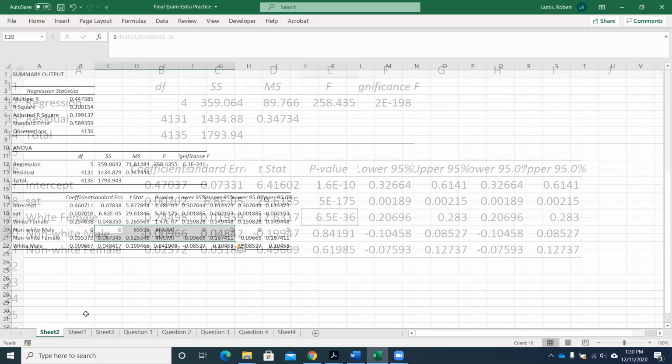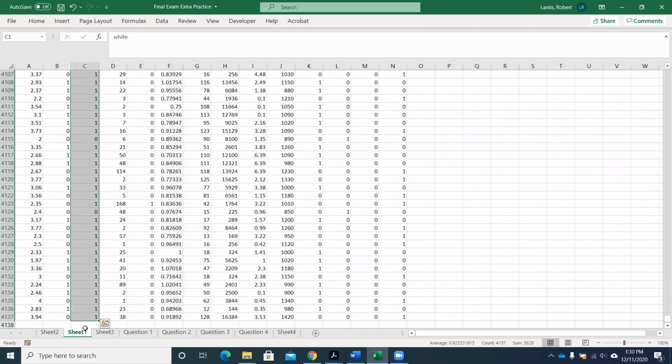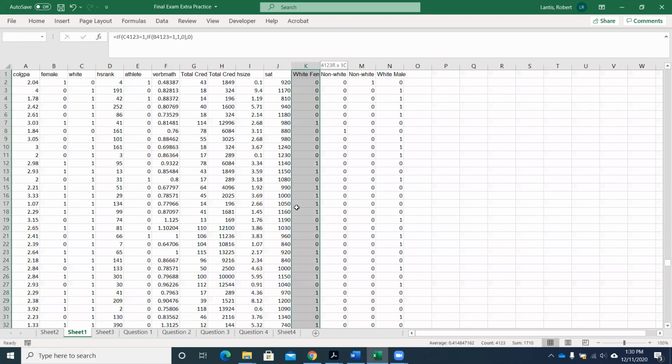Any questions on that? Okay, could you go over more log-level and level-log and how to interpret the coefficients? Let me think of one I could do here using this data set. Let's do high school size. No, we'll just use the SAT.